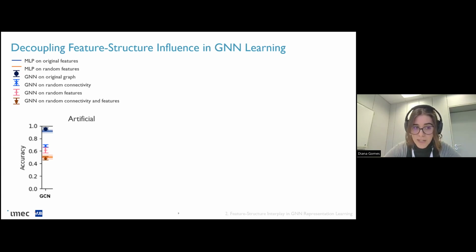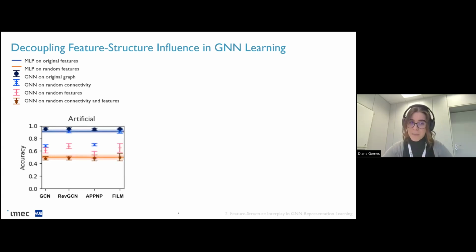If I run my GNN on the original graph, I am indeed better than using an MLP alone, and performing a mutation on each of the components, either the connectivity or the feature information, will derive a drop in performance that is still a little bit better than fully random. So this is what we would essentially expect to see.